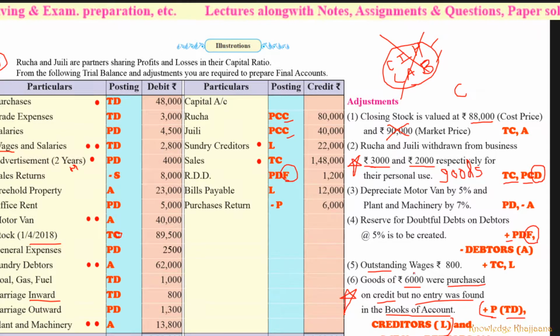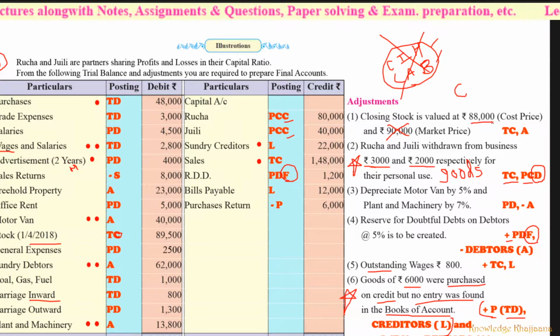But what is special in this adjustment? See, the closing stock was valued, right? The goods of rupees 6,000 were not there at the time of making the trial balance.